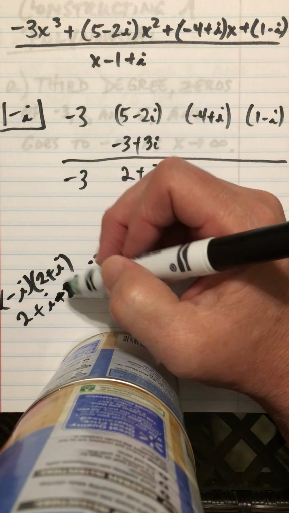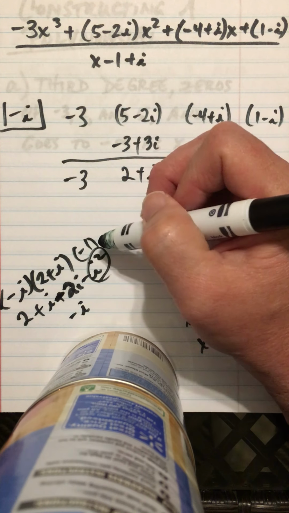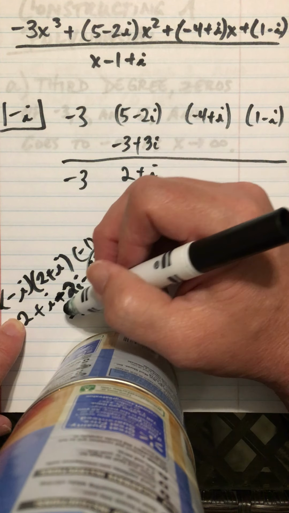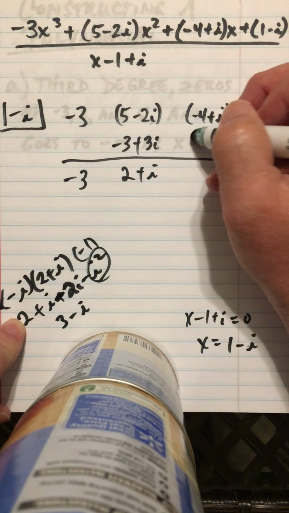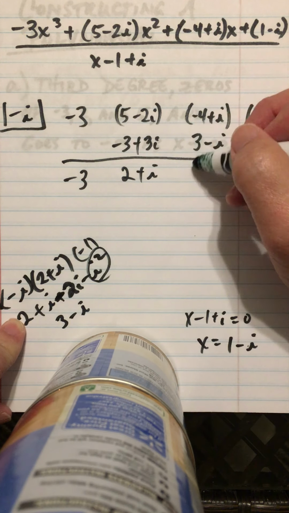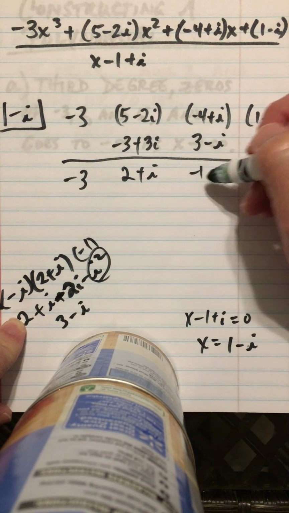When you add like terms, that gives you a negative i in the middle. Don't forget that's a -1, so it's 2 minus a -1. So 2 plus 1 is 3. So that's going to be 3 minus i right there. Add like terms, that gives you a -1. Those cancel out, it's just -1.